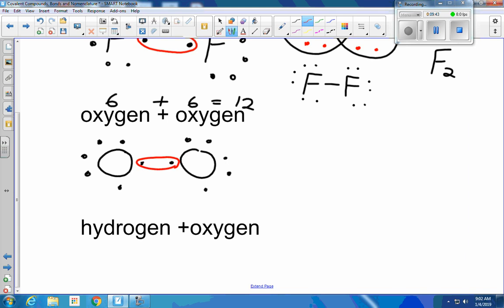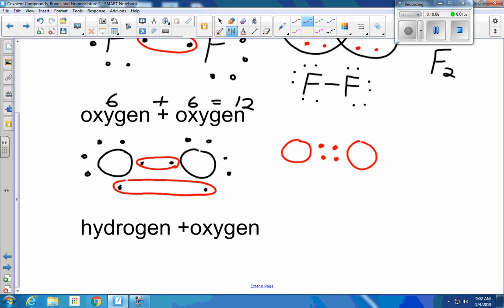Now you can see these 2 are going to be shared, right? Okay, so we know these are going to be shared. Here's 2 singles as well. Anytime you have a single, you know they're going to be shared. So these are going to be shared as well. The ones that are shared must be in between. So if I go to draw this, the ones that are shared go in between.